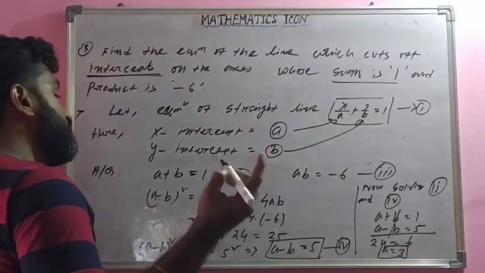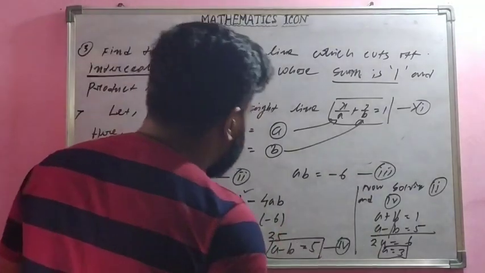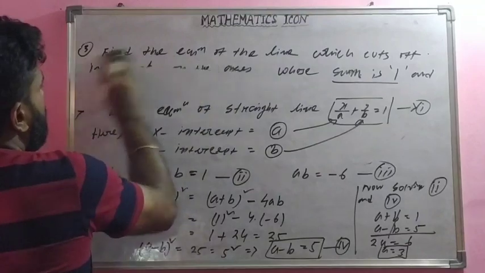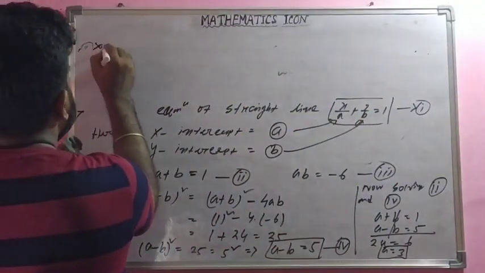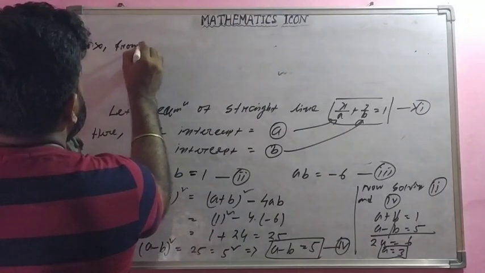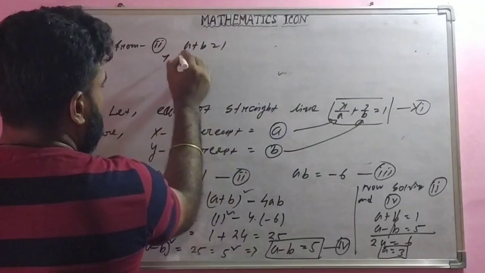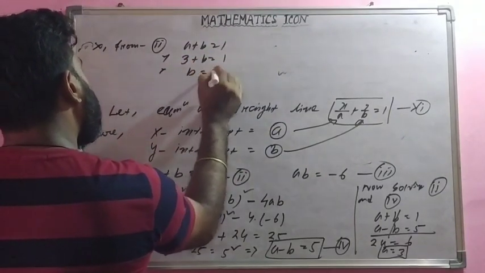So from 2 or from 4, any equation can be used here. So from 2, a plus b equals to 1. So a का वैल्यू 3 मिला, 3 plus b equals to 1. So b equals to minus 2.